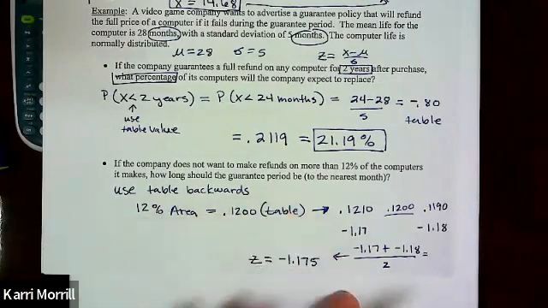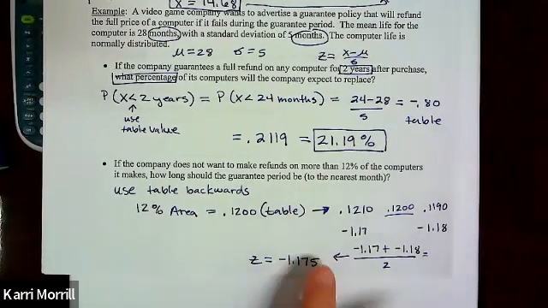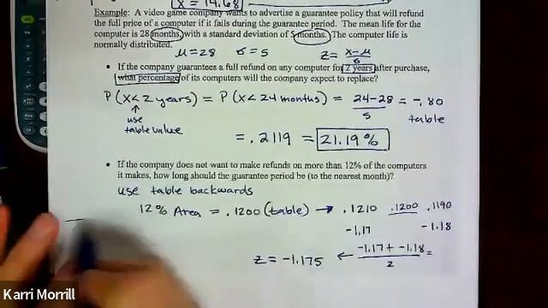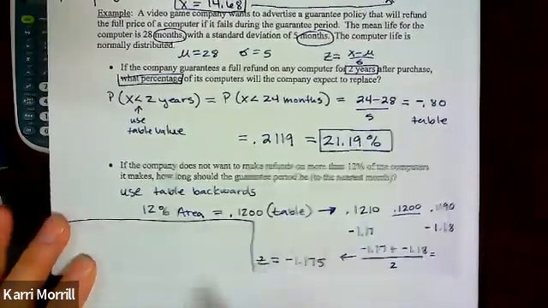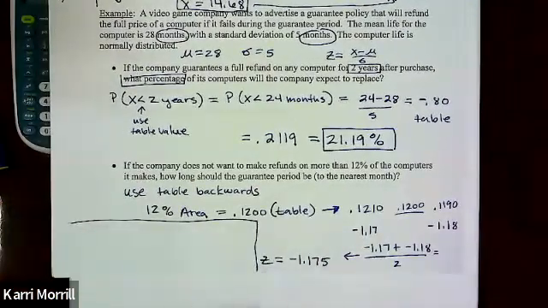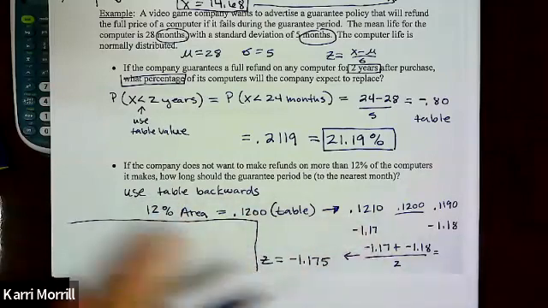So we did all this first to find that z-score, but what we're needing to know is months. So we need to convert that to a raw score. So we have to find the z-score first, then find the raw score. And so I'm going to put this as my second step in this little box, since it's kind of working backwards.